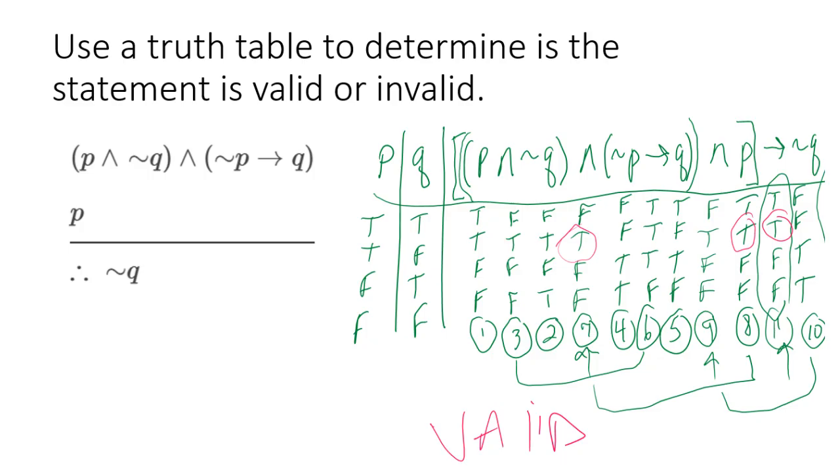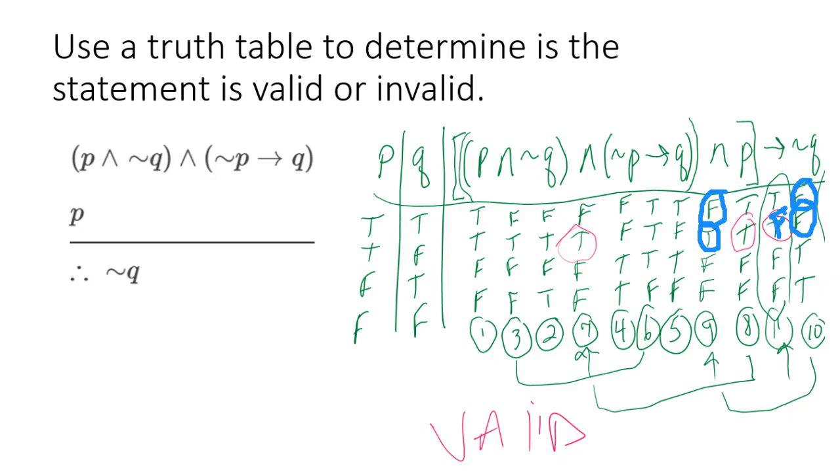All right, let me circle them too because there's so much going on. We have this false with the negation of Q, which is this false, and that gave us true, so that's okay. Then we have this true with this false, and that should give us a false.